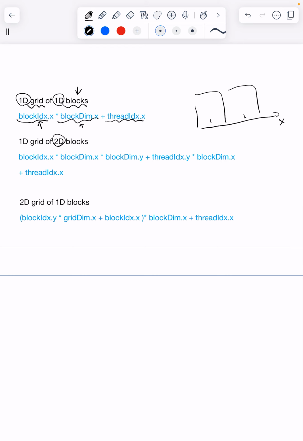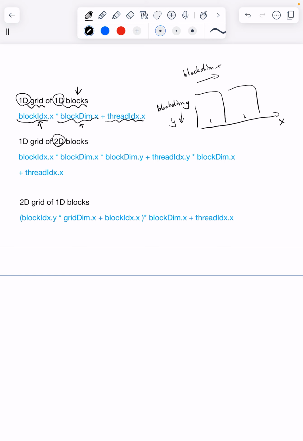But this time, each block will have two dimensions, x here and also y here. The block will have a block dim in the y direction and a block dim in the x dimension.